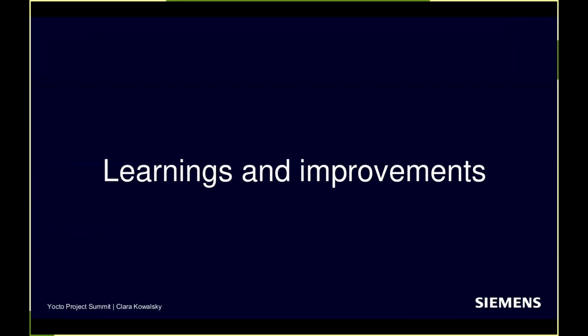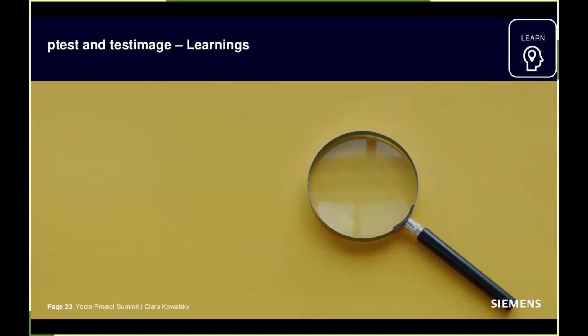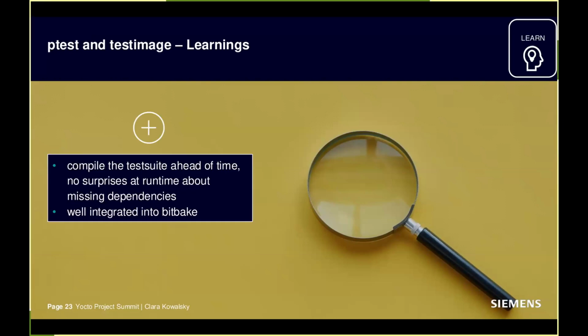Let's come to my learnings and improvements. Learnings first. On the plus side, Ptest and test image are compiled at the same time as we compile the binaries, so ahead of time. No surprises at runtime.